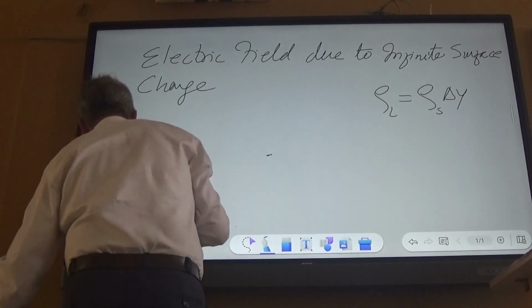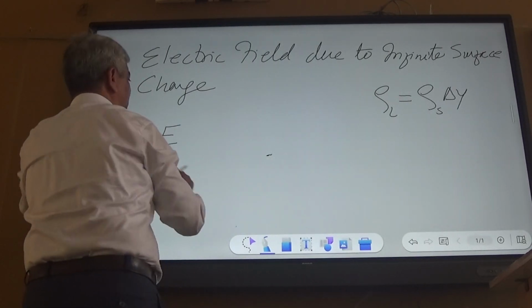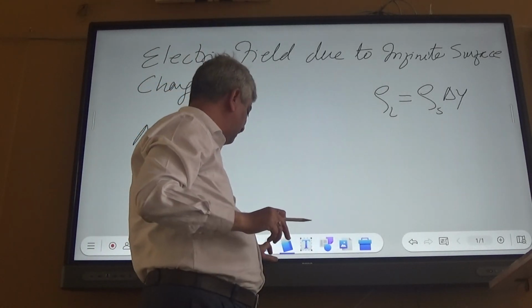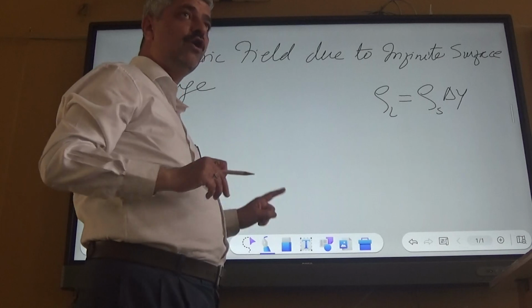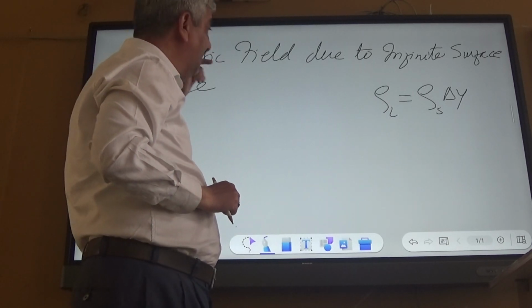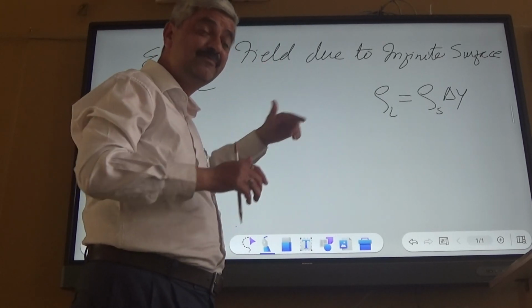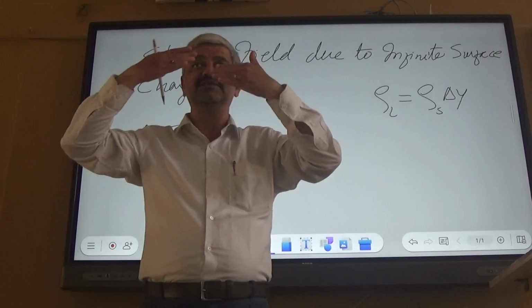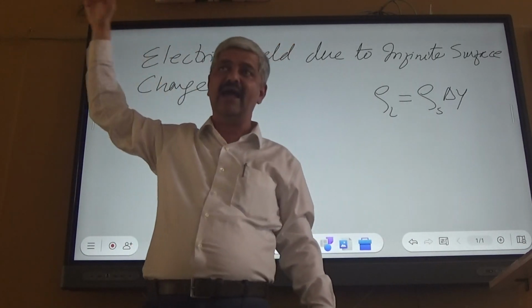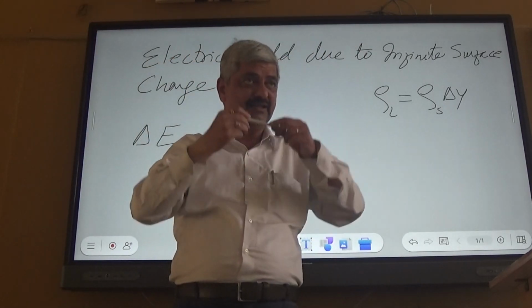Electric field delta E because of a strip of width delta y at y. At y means I am considering the surface as different strips of width delta y at various heights. Is it clear?